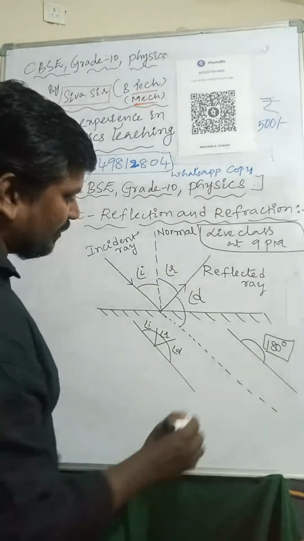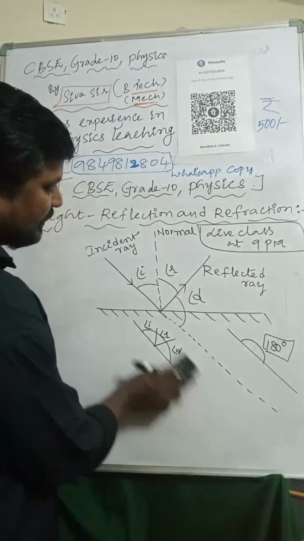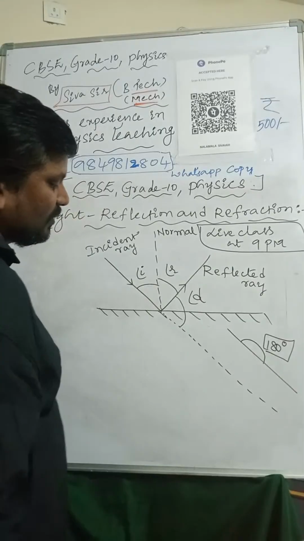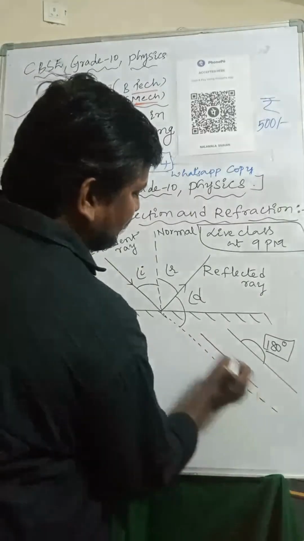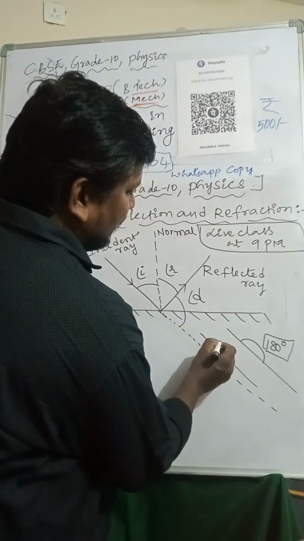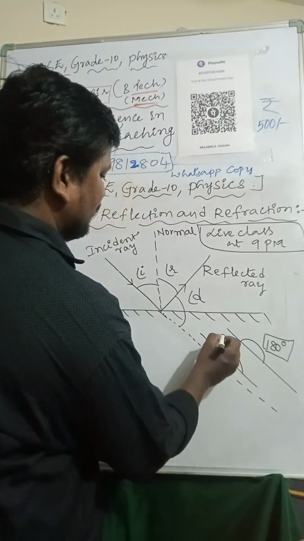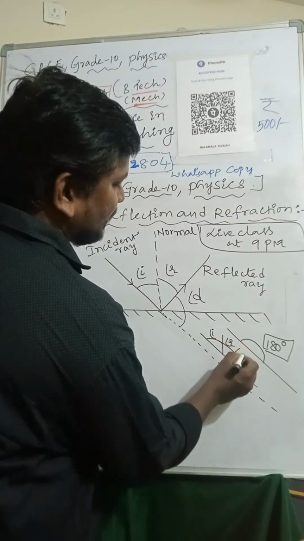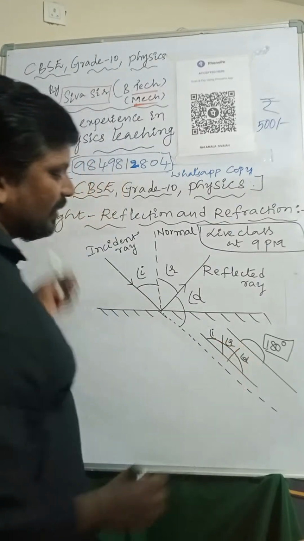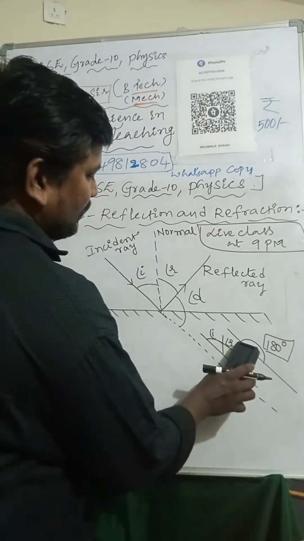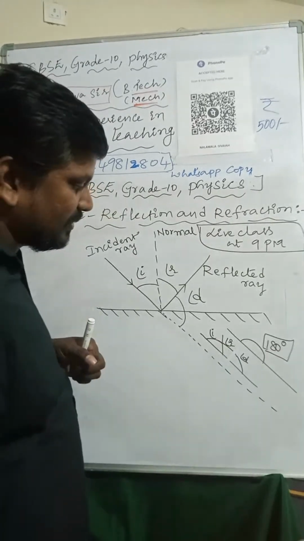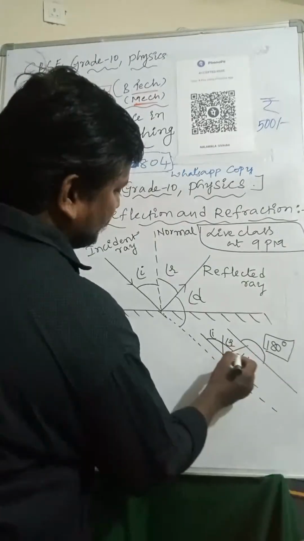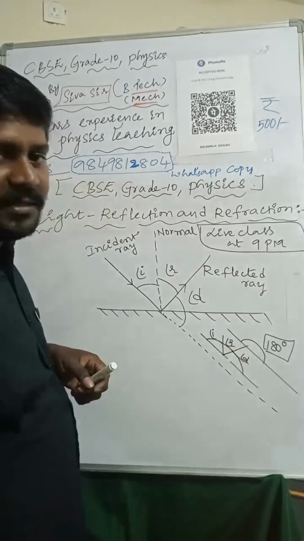Now you can see I'm drawing the same diagram here. Angle of incidence, angle of reflection, angle of deviation. So there are three parts. If you divide it into three parts like this, these are the parts I'm taking.